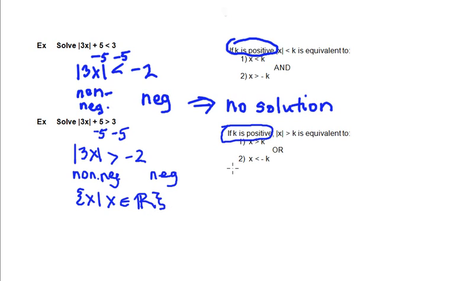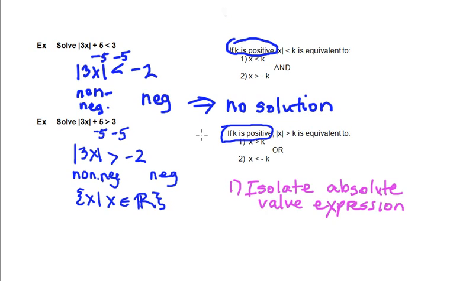So it's important as we look at these absolute value inequalities that the very first step that we should do is to isolate the absolute value expression. And once we have isolated the expression, then the second thing that we want to do is look at the constant.